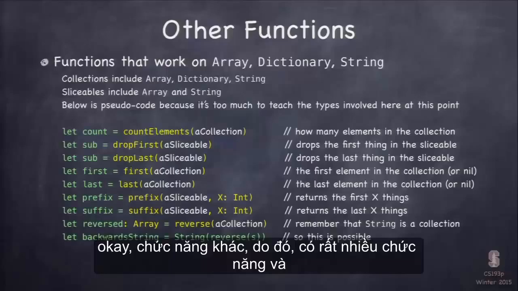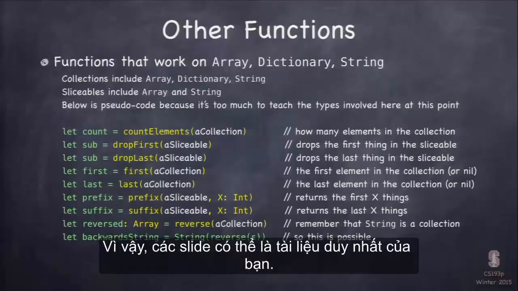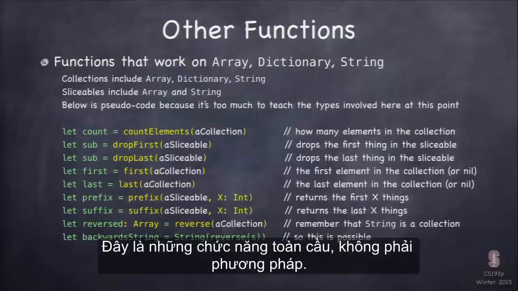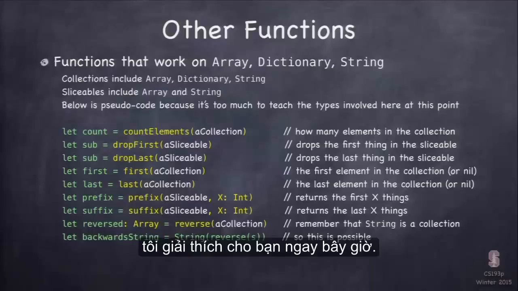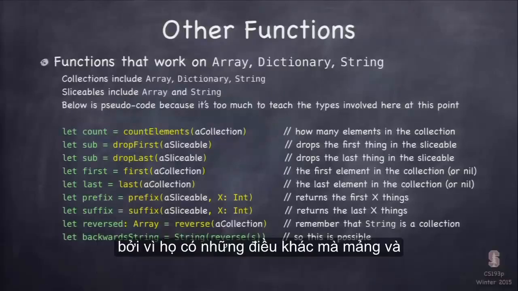Okay, other functions. There's a lot of functions, and these do not appear to be documented anywhere yet. So this slide might be your only documentation. I'm sure you can find out about them on the internet too. These are global functions, not methods. They take arguments which are hard for me to explain right now, but basically they take arrays, strings, and dictionaries.